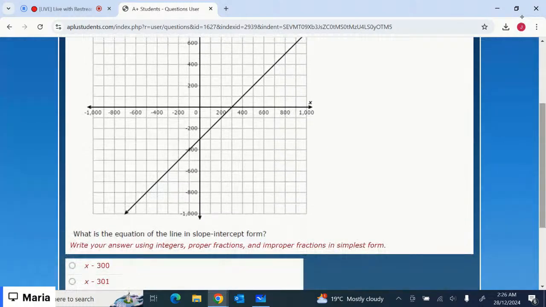So the y-intercept is negative 300, right? And here is the other point.